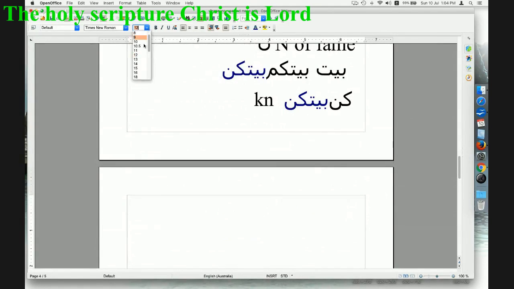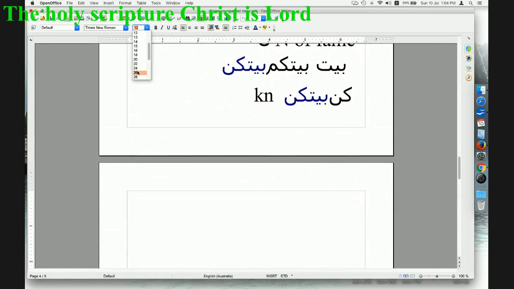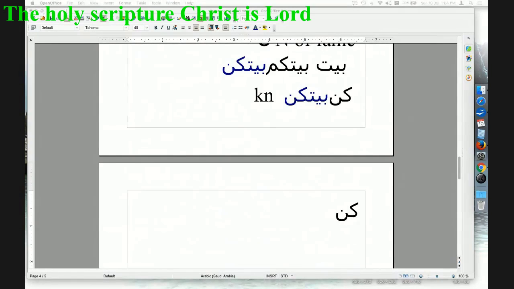So kun is only if we want to make it specifically for females. We add it at the end of the object, and that will make it for a group of females, and that is specifically for females. Now we are done with this.